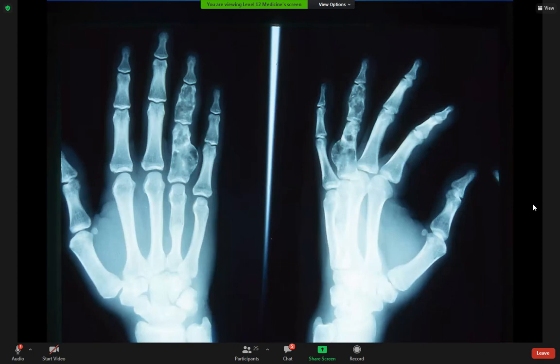So if you have any benign looking tumor in the phalanges, in the finger, it is chondroma or enchondroma until proven otherwise. So the most common site for enchondroma, which is a cartilaginous benign tumor, is in the finger.